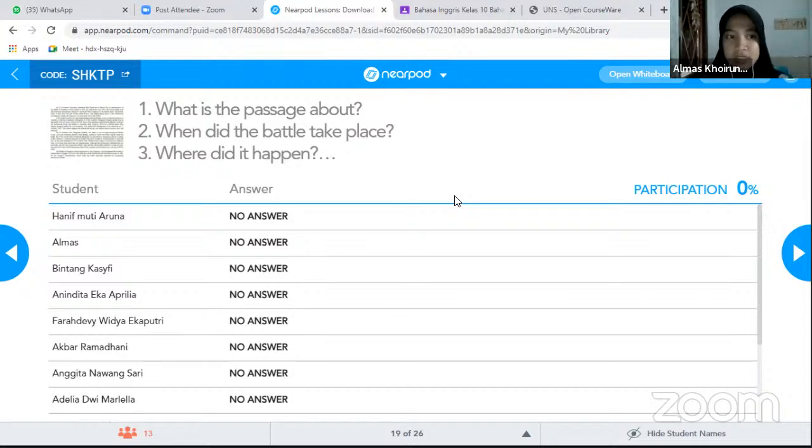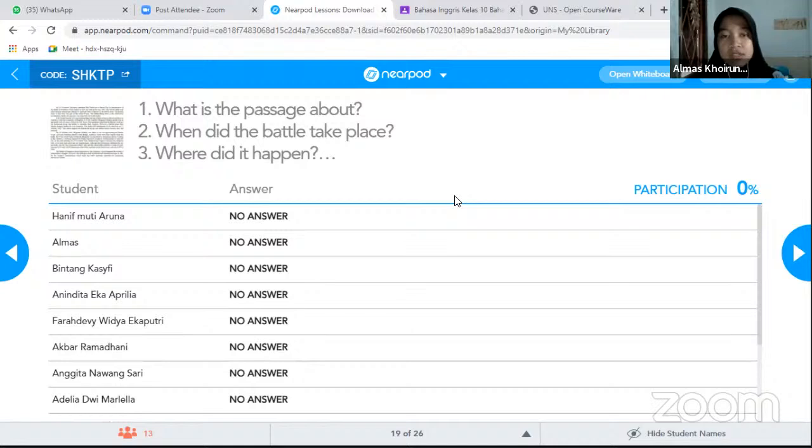And there is a text again that you must read before answering the question. So I'll give you about 2 until 3 minutes to read the text, because I think it's long enough, but it's easy to understand. You can start to read right now, and then you can start to answer the question right away. For the first question, we have, what is the passage about?